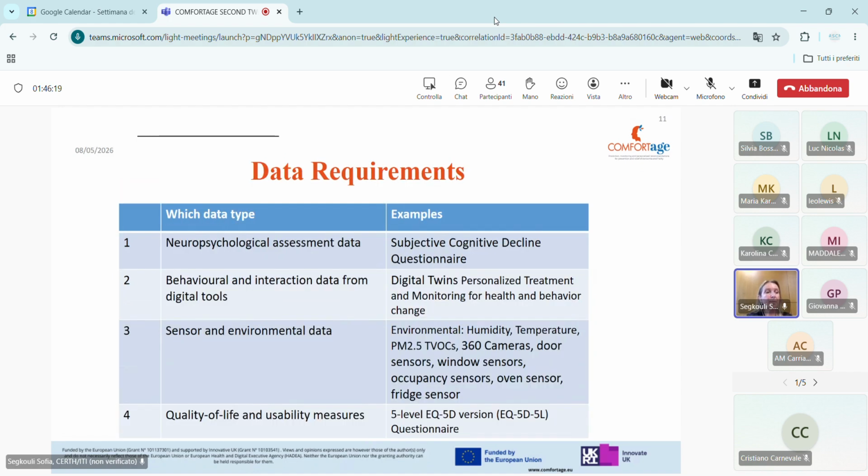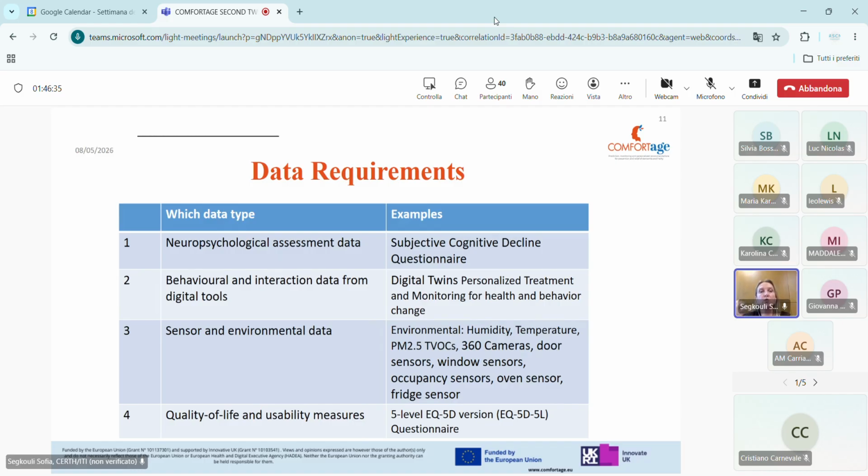To effectively support personalized monitoring and early interventions, which are the two main features of our pilot, we rely on a comprehensive range of data requirements.